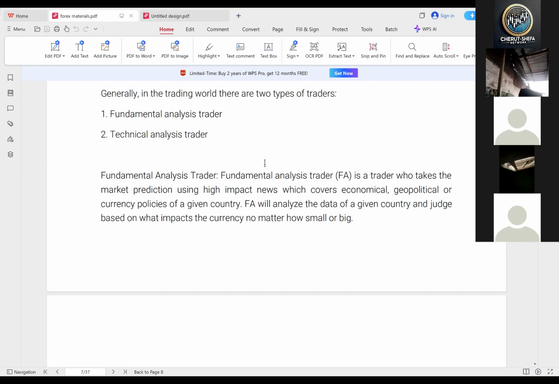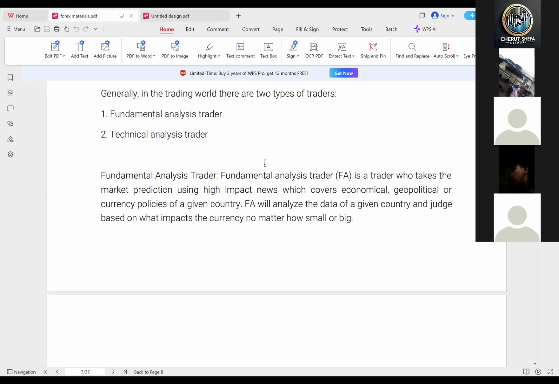That's what fundamental analysis is all about. Those who use fundamental analysis to trade take market predictions using high impact news to determine how they are going to trade.